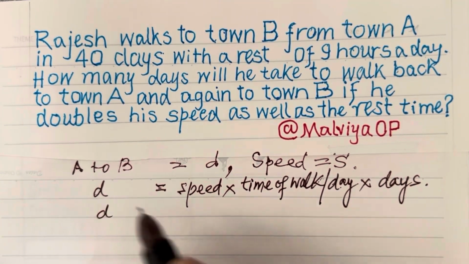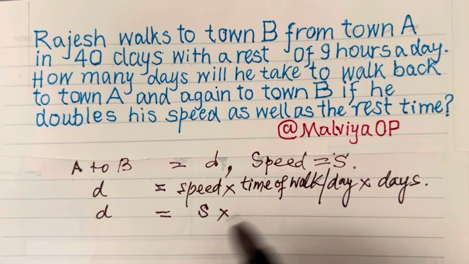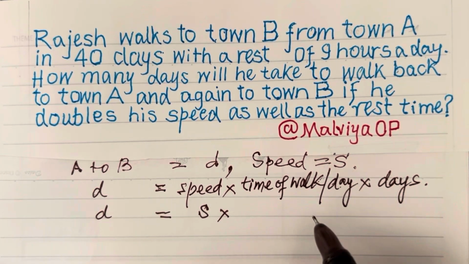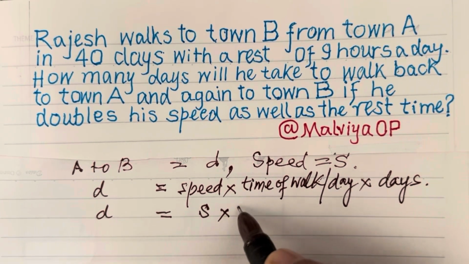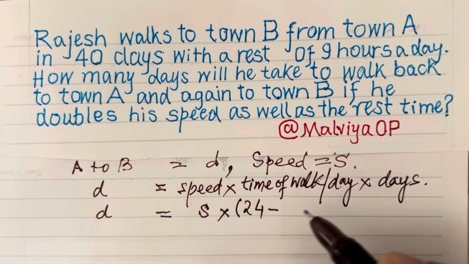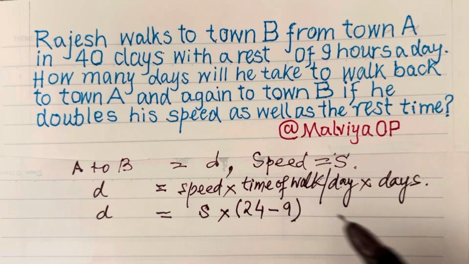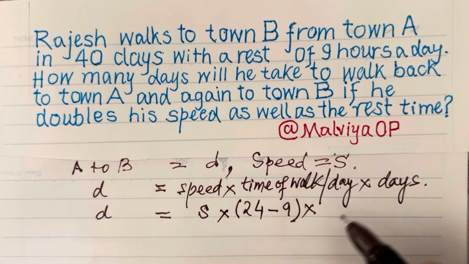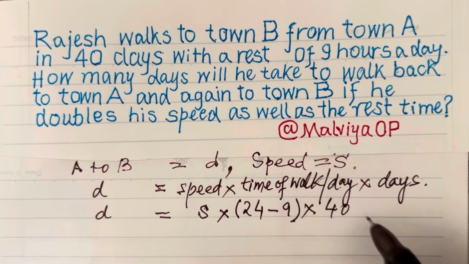So in this case it is D equal to S multiplied by the number of hours of walk per day, which would be, as the day is of 24 hours, 24 minus 9 hours of rest per day, and multiplied by 40 days.